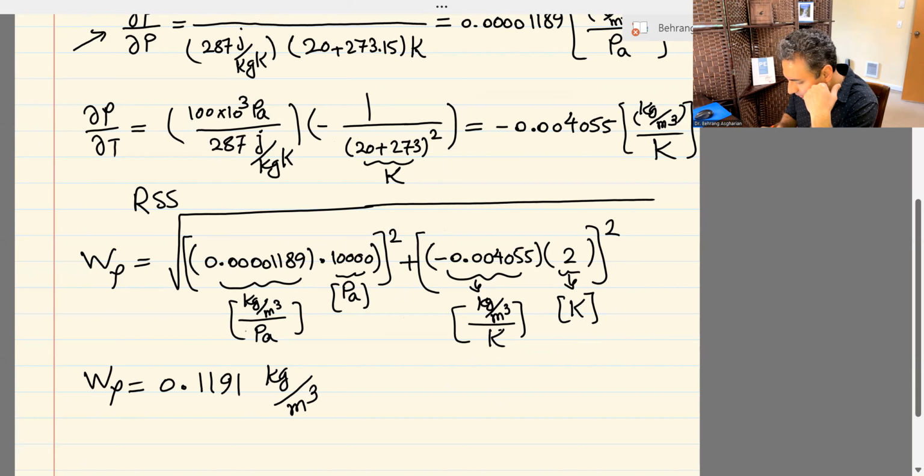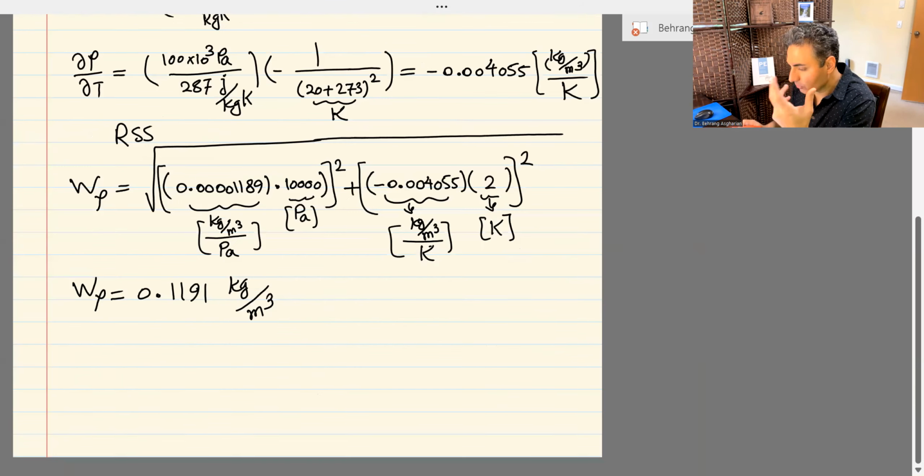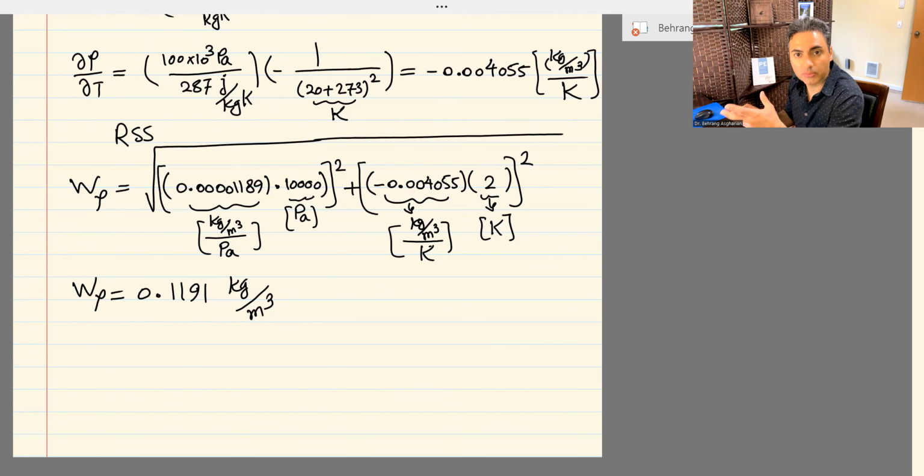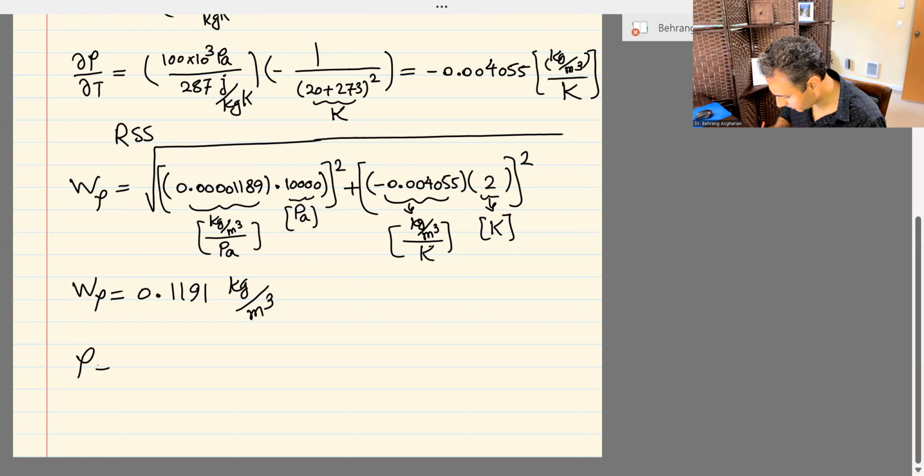Now that I have everything, I can report the value of density like this. This would be the value of density. You use the equation, use the values that you measured, and use the average values, and use the uncertainties to calculate the uncertainty propagation, basically. And after you have that, you can say, okay, final density equals the average density plus minus W of density, right?